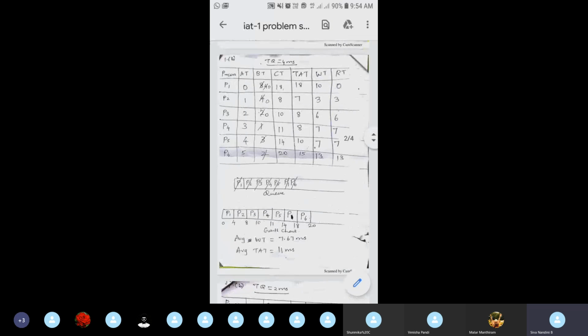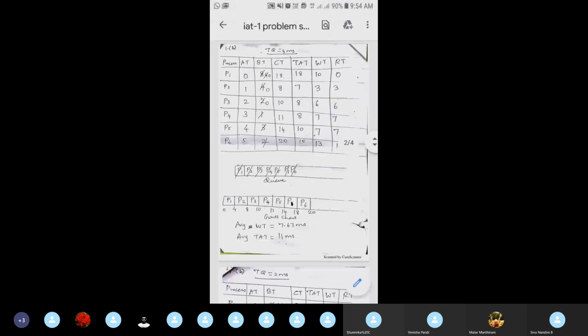First we'll see the problem with 4 millisecond. Here the time quantum is 4 millisecond. What will happen? Each and every process will be executing for the given time quantum, that is 4 millisecond. First in the system we are having process P1, with arrival time 0.